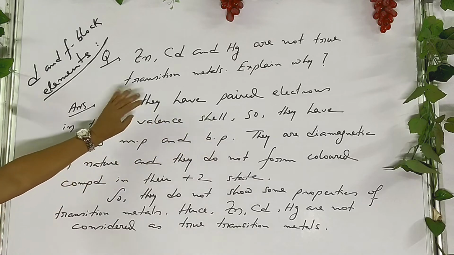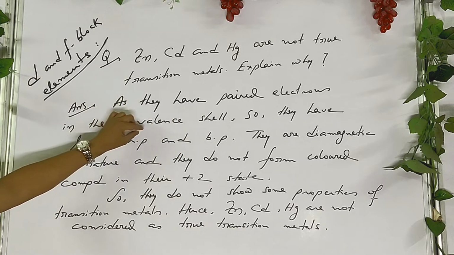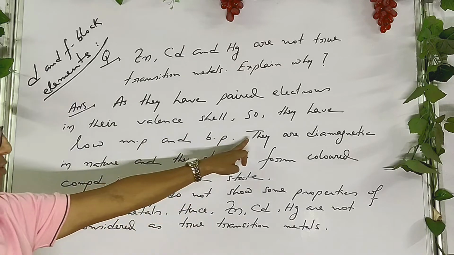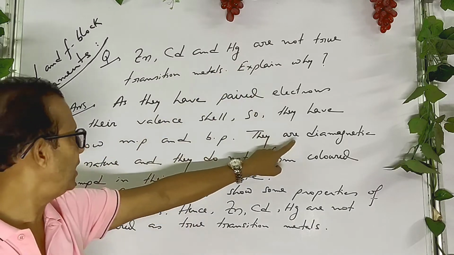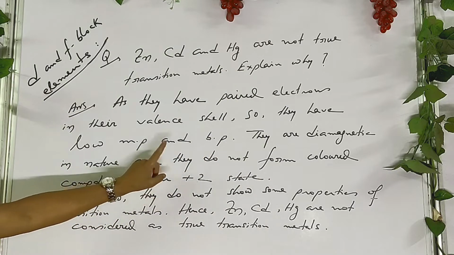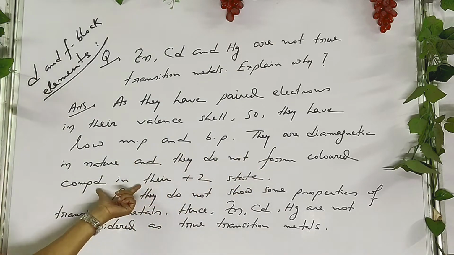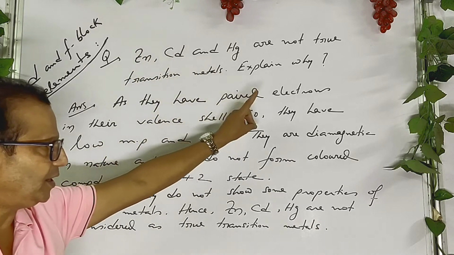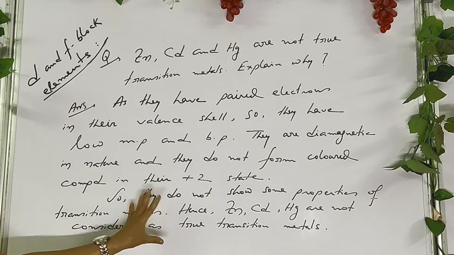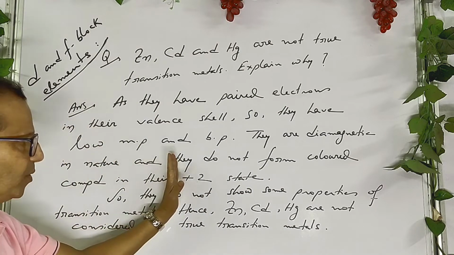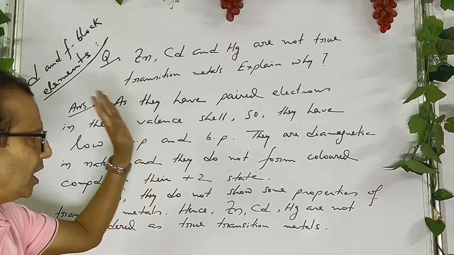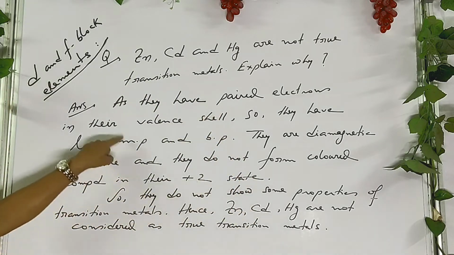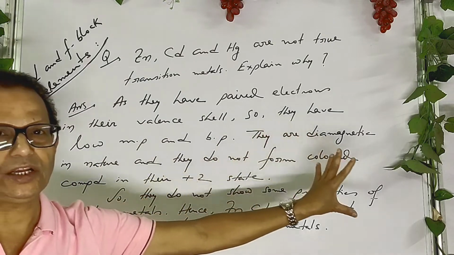That's why to break them, low temperature is required, resulting in their low melting and boiling point. Due to their paired electrons, they are diamagnetic in nature, and thus they do not form any colored compound, while you know that most of the transition metals are paramagnetic and form colored compounds. That's why you can say that most of the properties of transition metals are absent in them. That's why they are not considered as true transition metals. Okay, I think you understand it. So follow the next question.